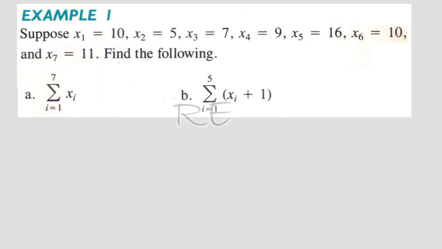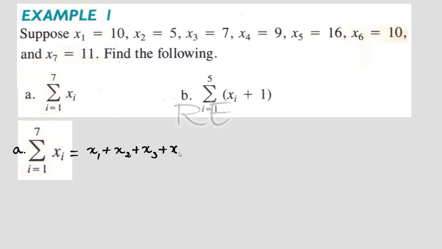For question A, we are being asked to calculate the sum of x_i, where i varies from 1 to 7, which means that we're going to add the different observations from 1 to 7. The first observation is x1, the second one is x2, and so on until we reach x7.